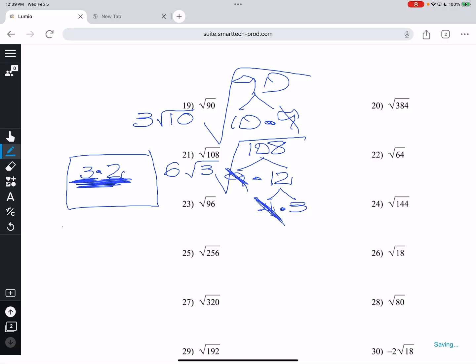Perfect squares 9 and 4 will give us 3 and 2. What's left behind is this little 3. It's still under the radical, and it's a prime number, can't come out, so it stays under the radical. But these two numbers were removed because they were part of the perfect squares. So we multiply them and they're the outside number. It's always written before the radical.